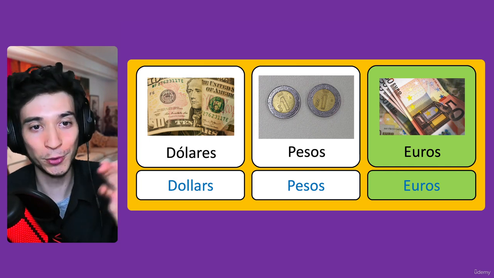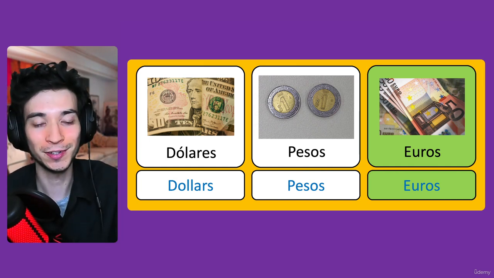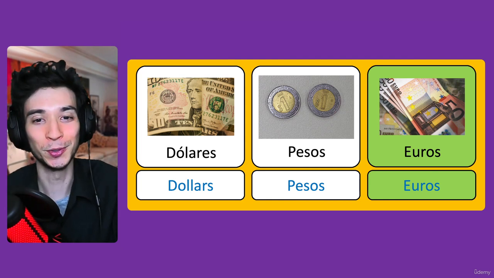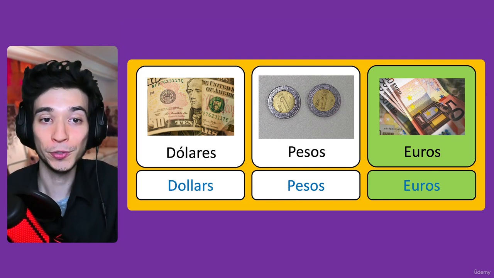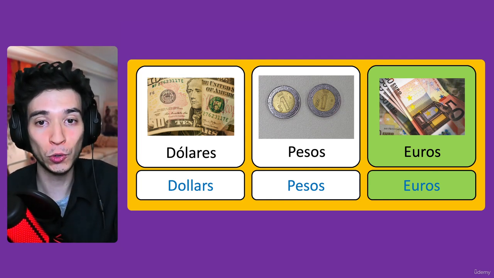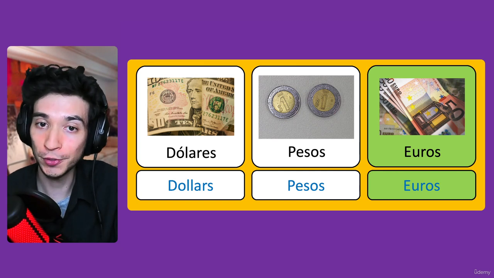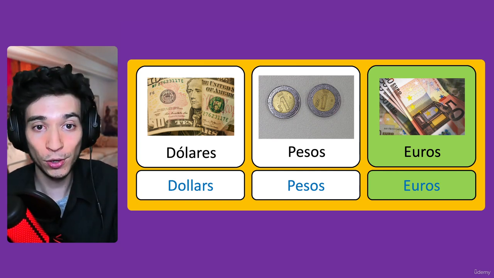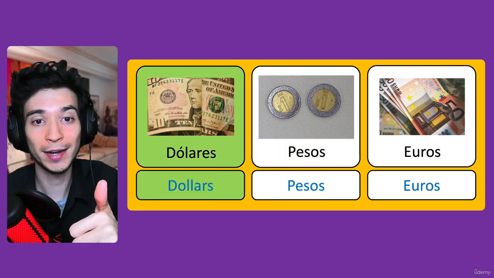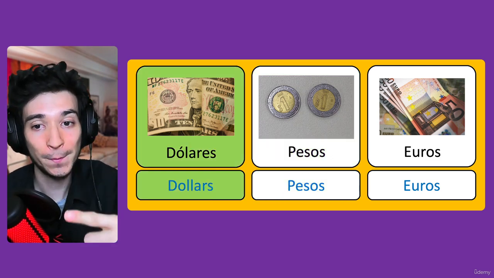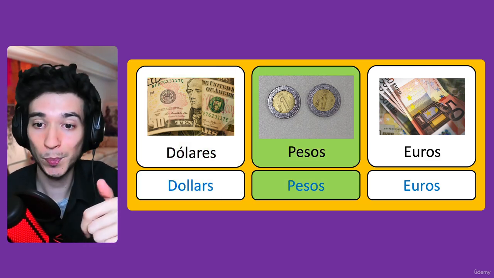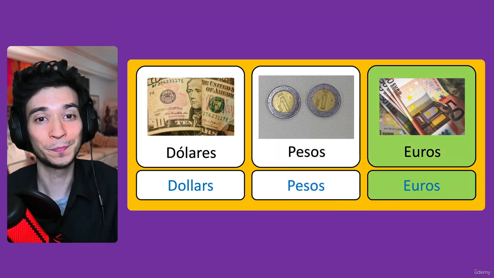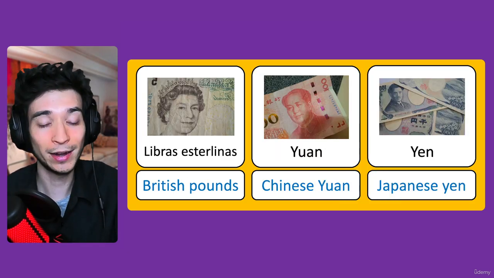Euros is only for Europe, so no need to specify here. No need to say German euros, French euros, just euros. So one more time, dólares, dollars. Pesos, pesos. Euros, euros.